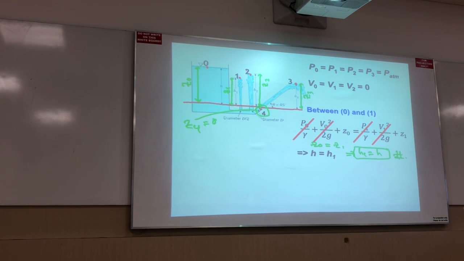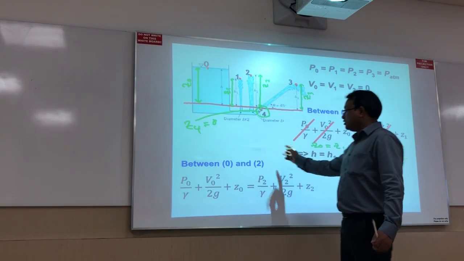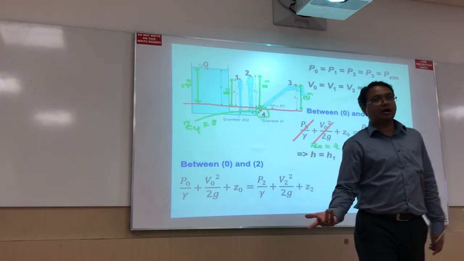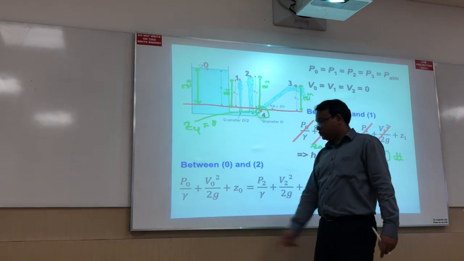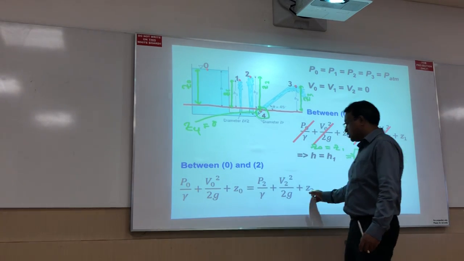So number 2, I can apply Bernoulli's equation between 0 and 2. Easy. Right? Then I can write P0 by gamma, or you can write rho g and gamma same. So P0 and P2 cancel. This one cancel. So Z0 becomes Z2.